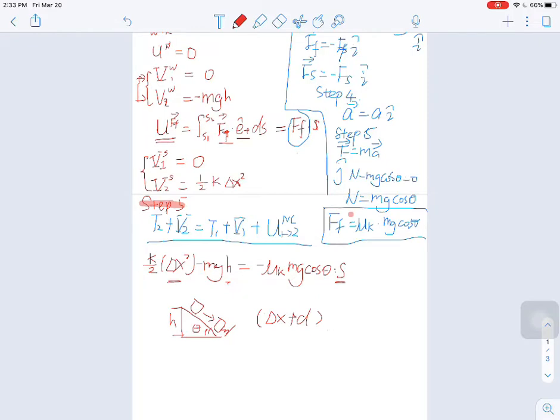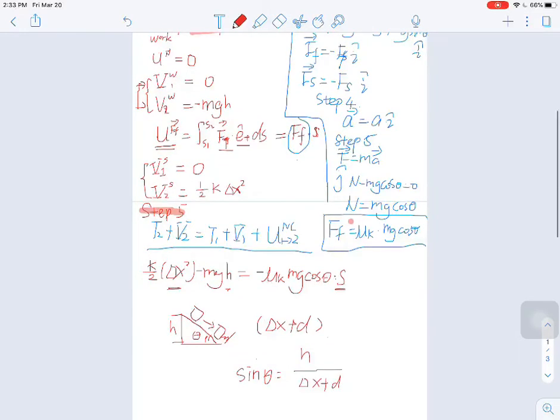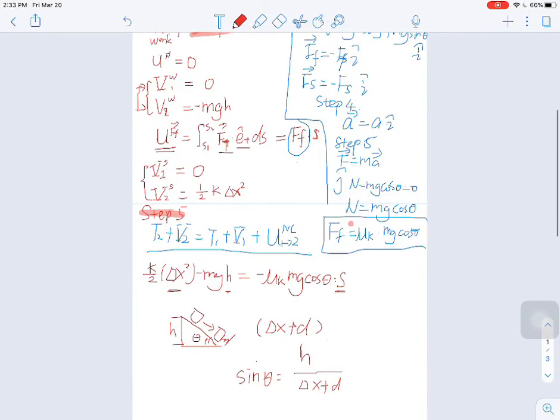So h there equals, here we need sine theta equals h over delta x plus d. Then in this way you are able to solve what is h.